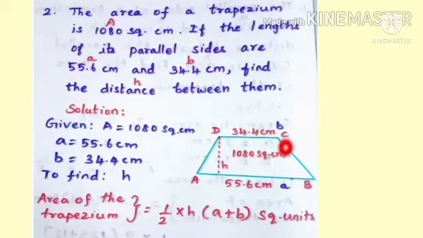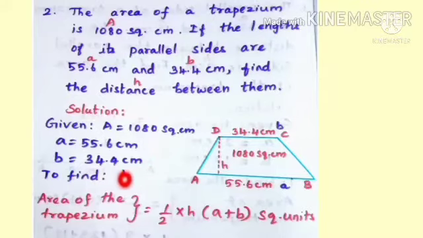And the area 1080 square centimeter is given. And here we need to find the value of h. Write down the given values: a, b, the parallel sides and area, and to find the value of h, the height of the trapezium.